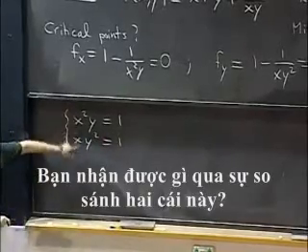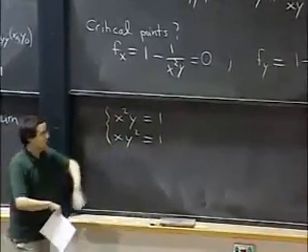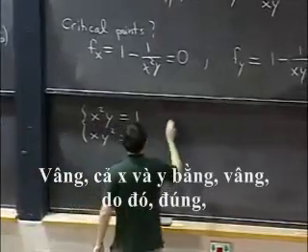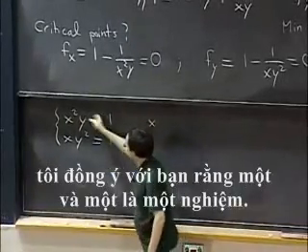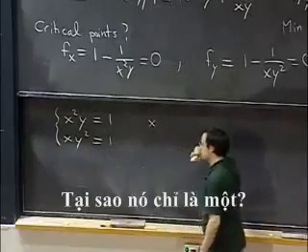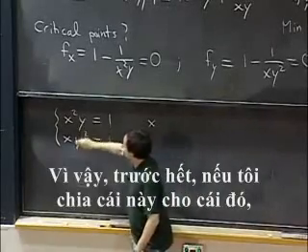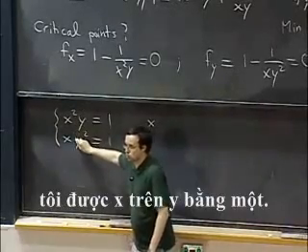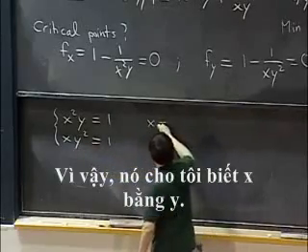What do you get by comparing these two? Well, I agree with you that 1 and 1 is a solution. Why is it the only one? So first, if I divide this one by that one, I get x over y equals 1, so that tells me x equals y.